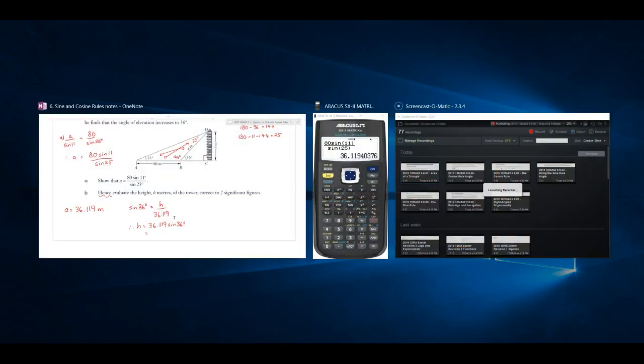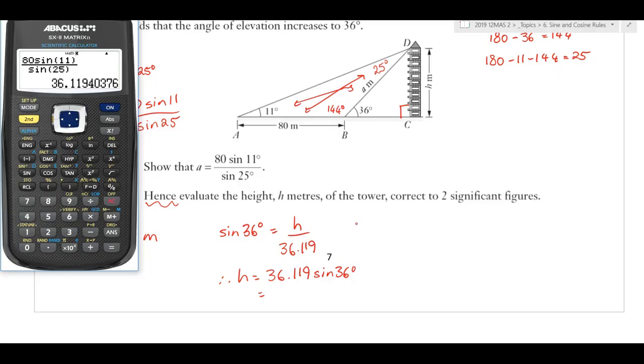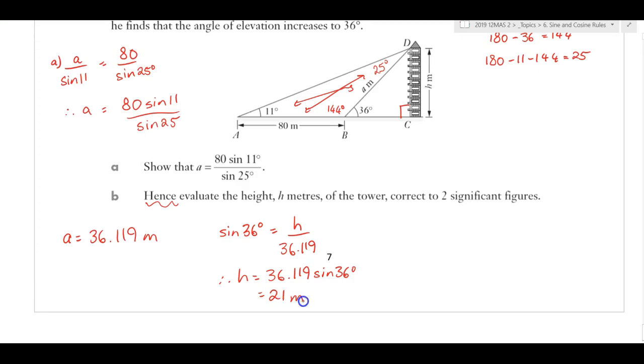Now back to my calculator, don't use the rounded off answer, just use what was previously there on the screen, and multiply that by the sine of 36 degrees, and we get, to two significant figures, 21. Probably shouldn't have said metres there, because it's h metres in the question. h equals 21.